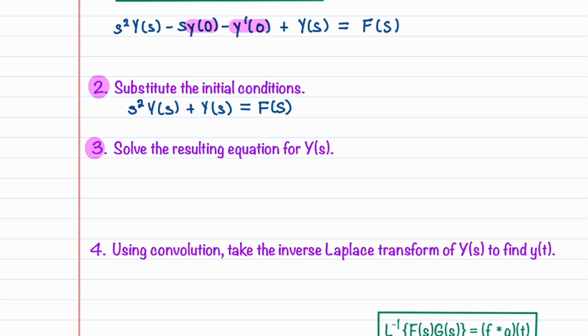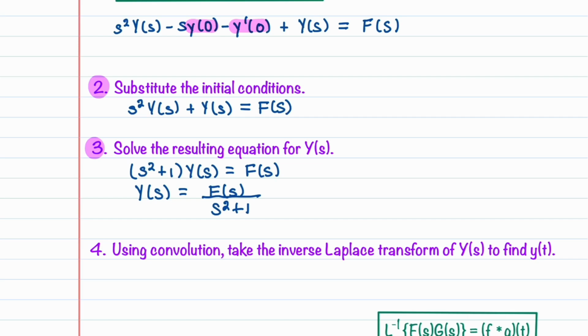In step 3, we're just going to solve this equation for capital Y(s). We can write this as (s squared plus 1) capital Y(s) is equal to capital F(s), and then we get capital Y(s) is equal to capital F(s) all divided by s squared plus 1.